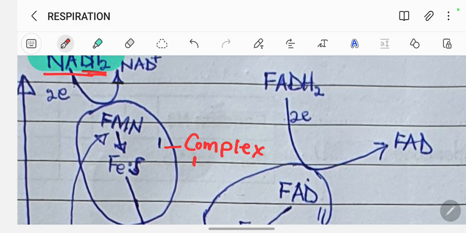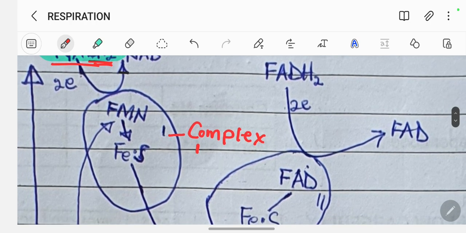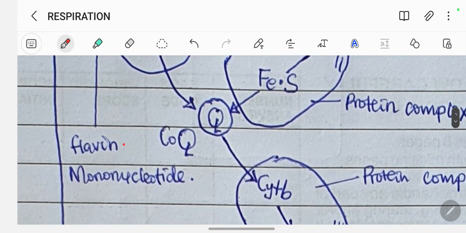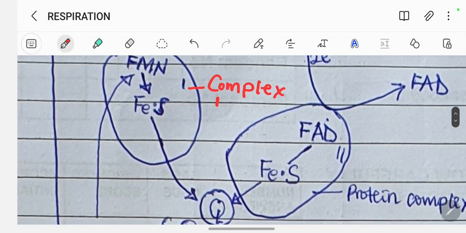Within this protein complex, let us first go through the structure. I'm having FMN, which is our flavin mononucleotide. F for flavin, M for mono, N for nucleotide.